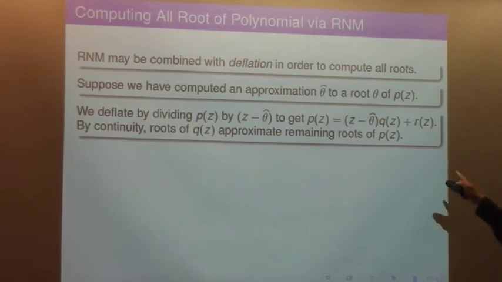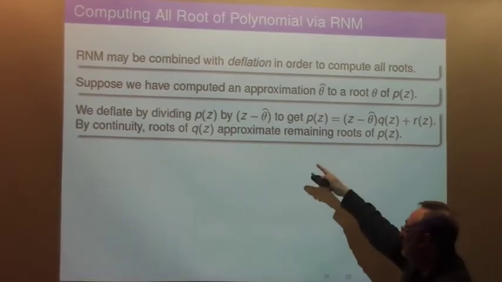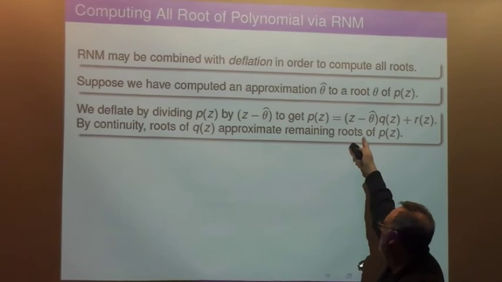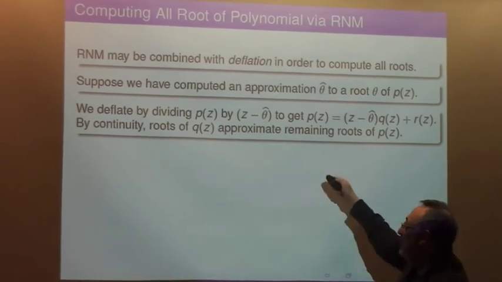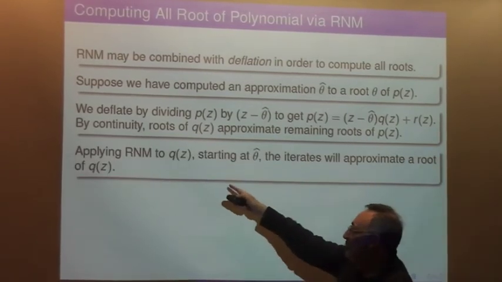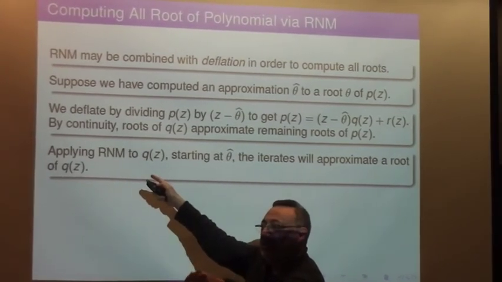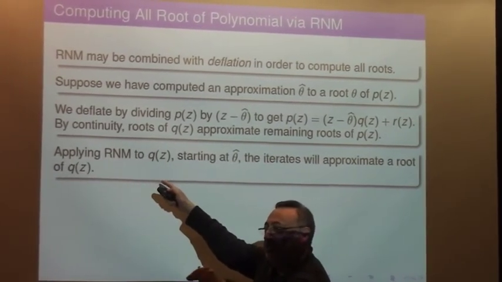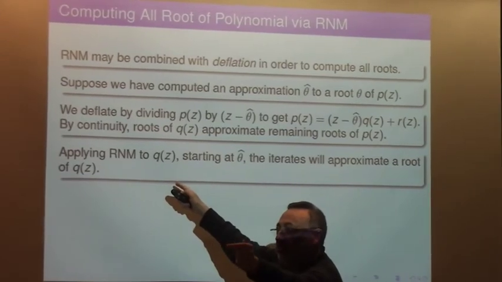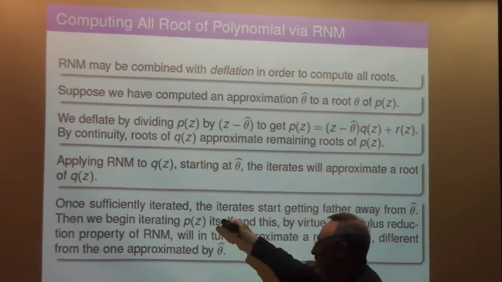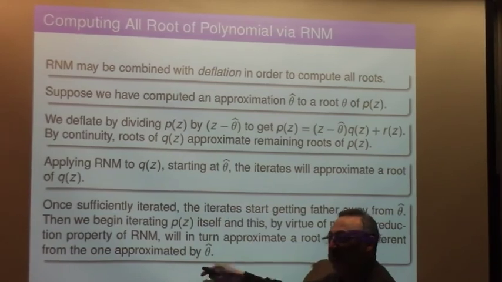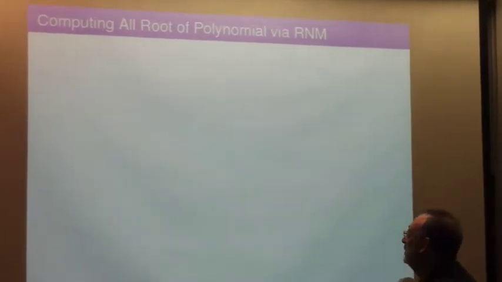We get this factorization, and by continuity, roots of Q of Z approximate roots of P of Z. So now I apply the robust Newton iterate to Q of Z. Once I've iterated enough, that root is going to get far away from the first approximation. Now I can go back to P of Z and apply the robust Newton method again. And you can do this with all roots, in fact.